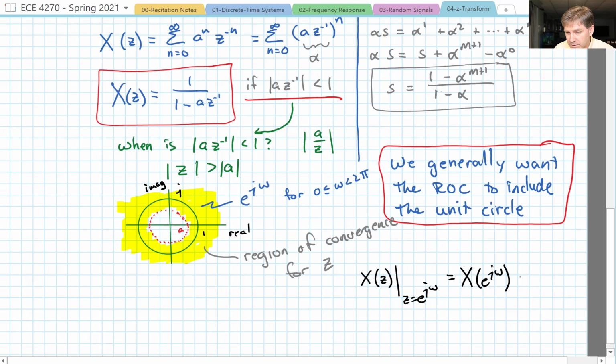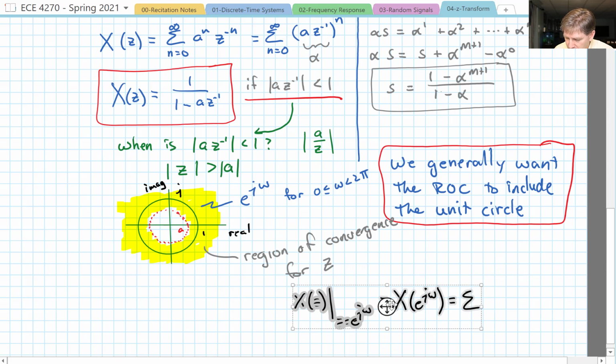And now you're seeing why we use this notation, which is just the DTFT. Where we had z to the negative 1, we now have e to the j omega to the negative n, giving us our DTFT.